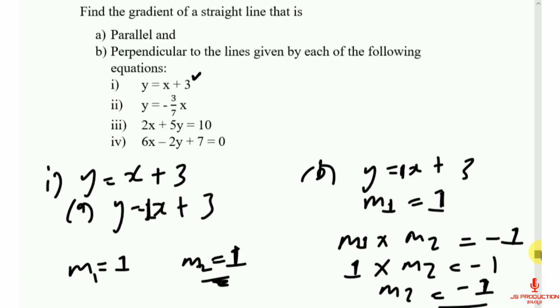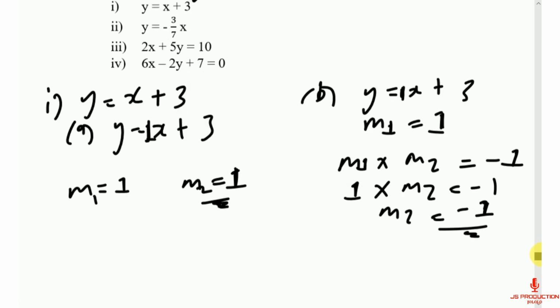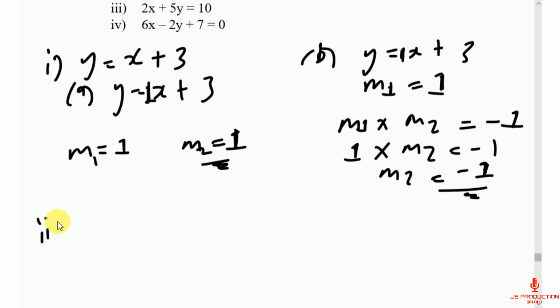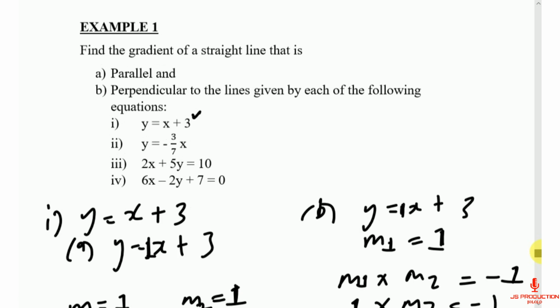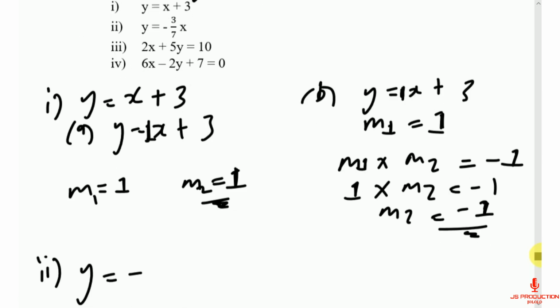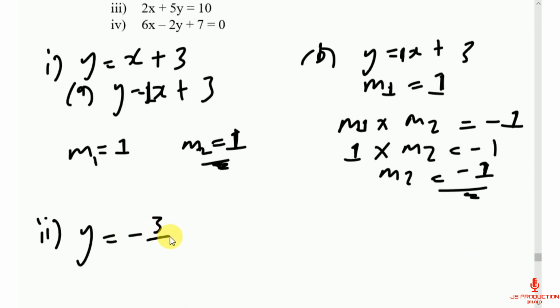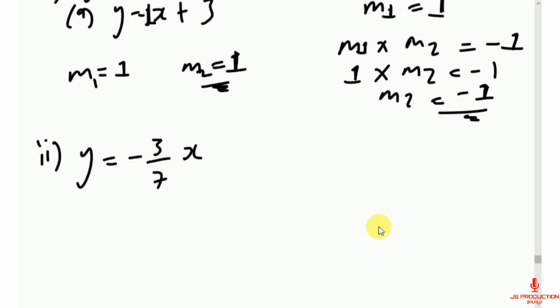Let us look at Roman numeral 2. y is equal to negative 3 over 7 x. To find the gradient of the parallel line, we know that our gradient there is negative 3 over 7.